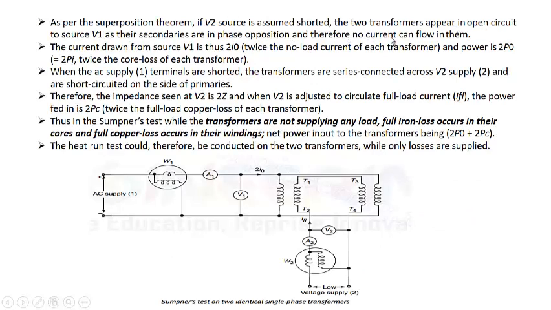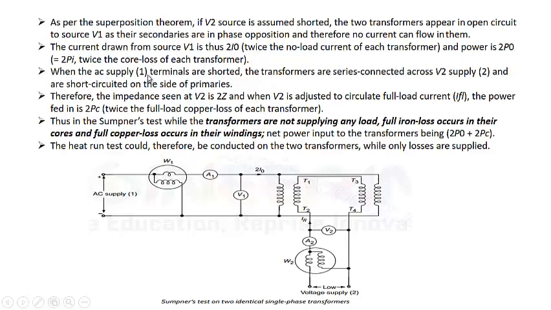The two transformers are open circuit to the source V1, as the secondaries are in phase opposition, and therefore no current can flow in them, that is in the secondary. The current drawn from source 1 is thus twice I0, twice the no load current, and the power drawn from this will be twice P0, that is twice Pi, twice the core loss of each transformer.